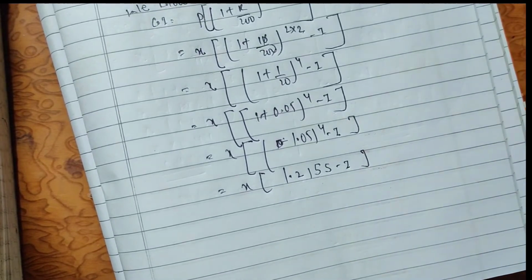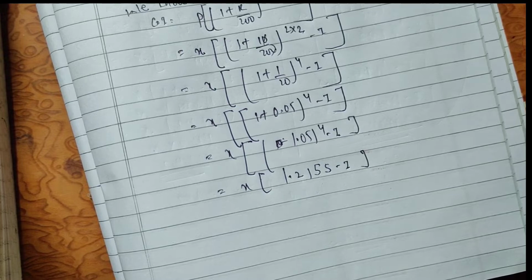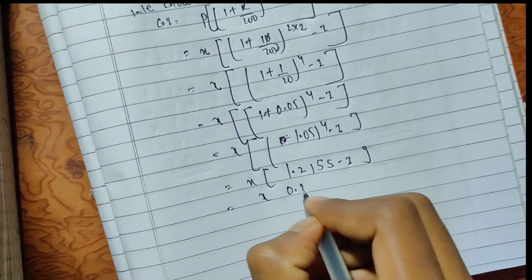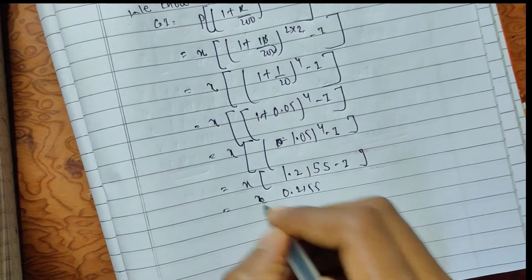Taking the power 4, this will come 1.2155. So we subtract 1, giving 0.2155 x.